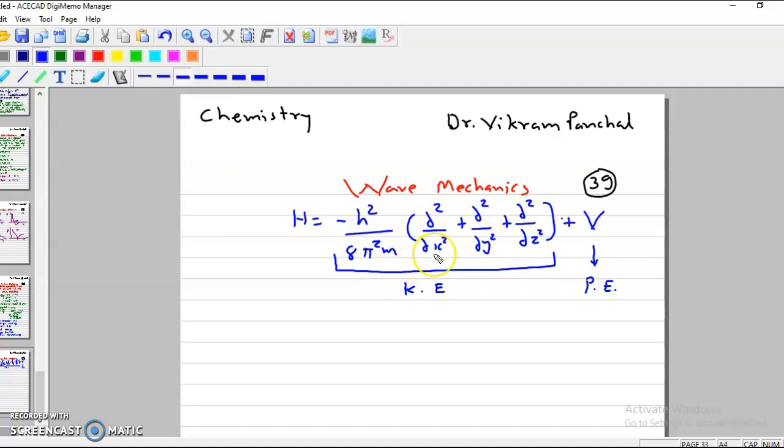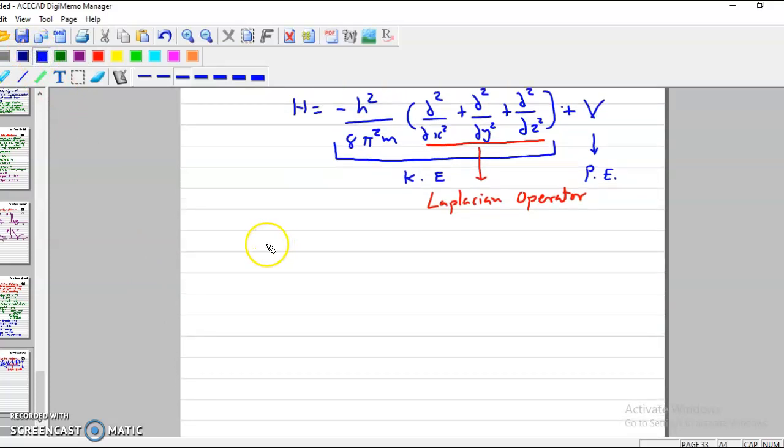So for Hamiltonian operator, if we use Laplacian operator for this one, then the shortest form of Hamiltonian operator H would be minus h square upon 8 pi square m bracket del square plus capital V. Okay, this is the case for Hamiltonian operator.